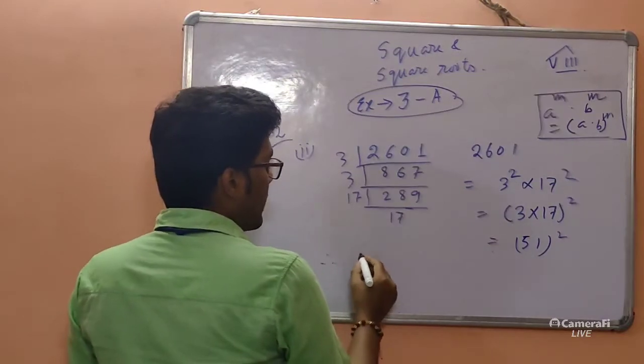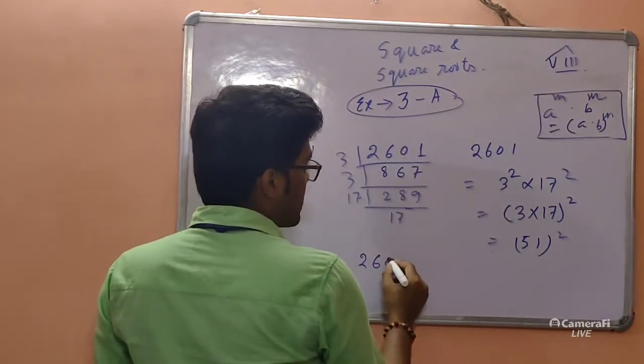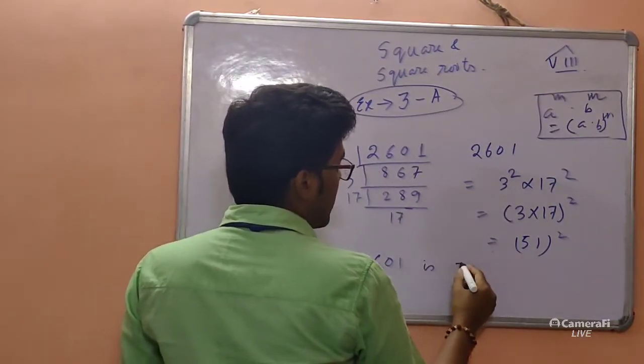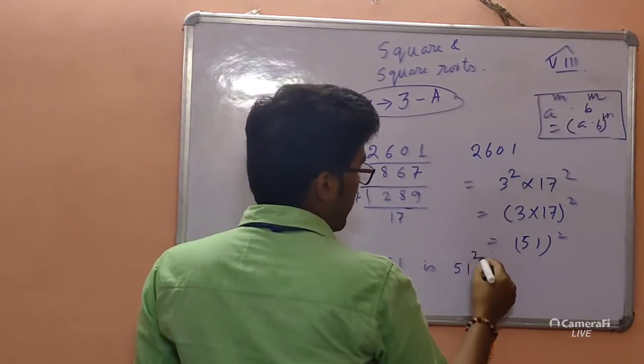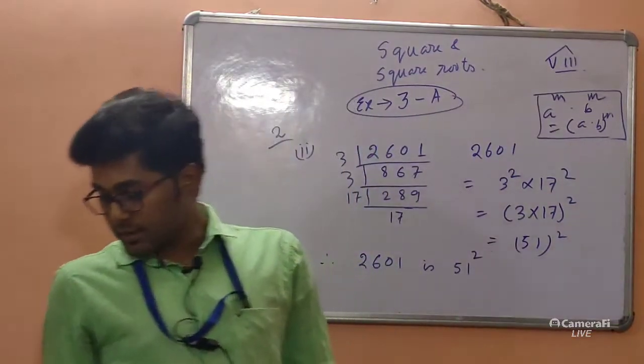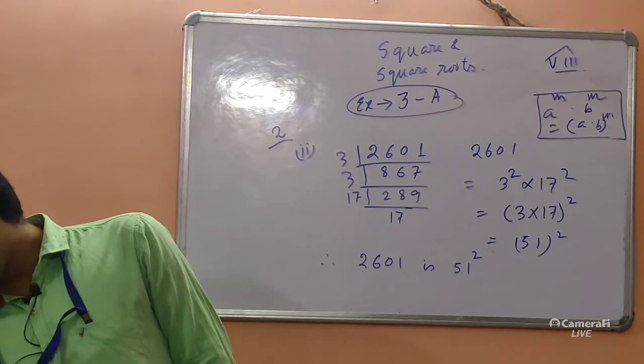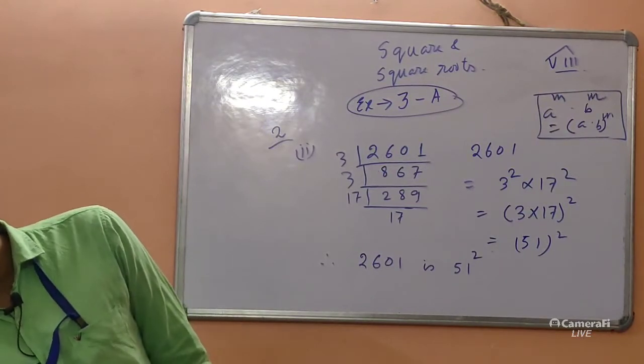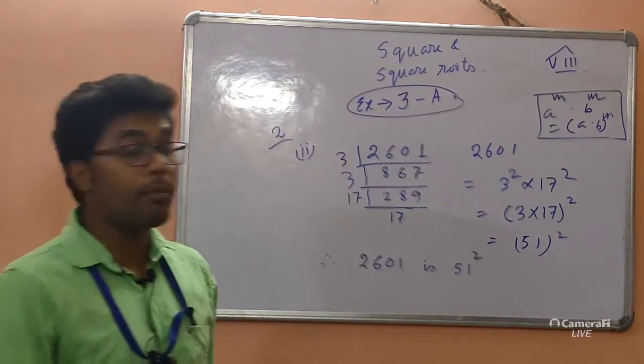So what can you say? Therefore 2601 is 51 square. The question says, each of the following is a perfect square. In each case, find the number whose square is the given number.